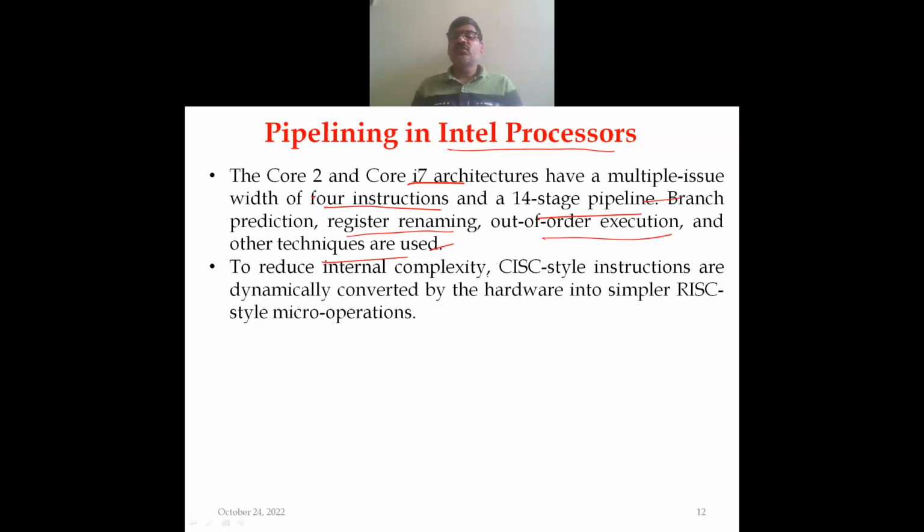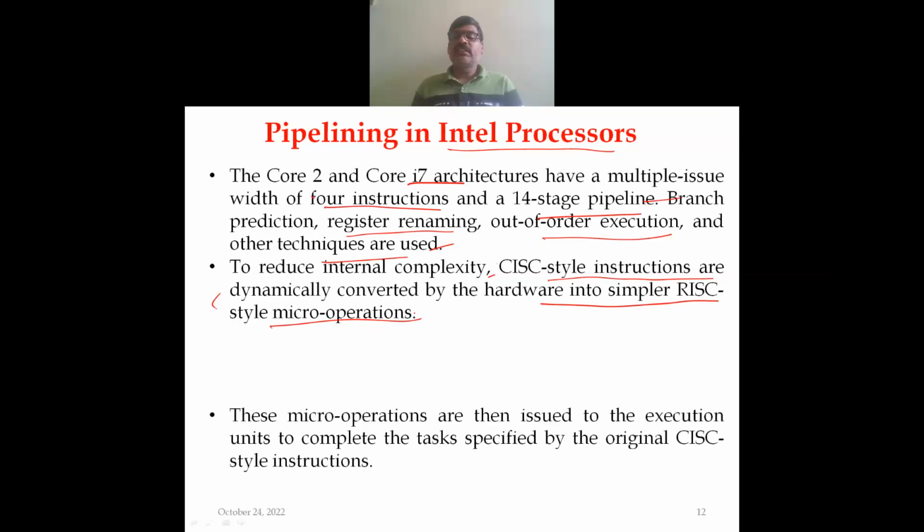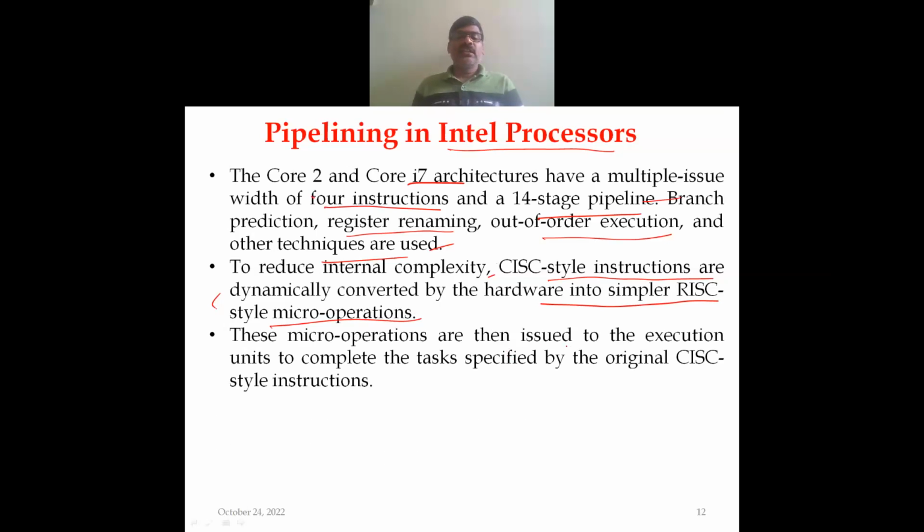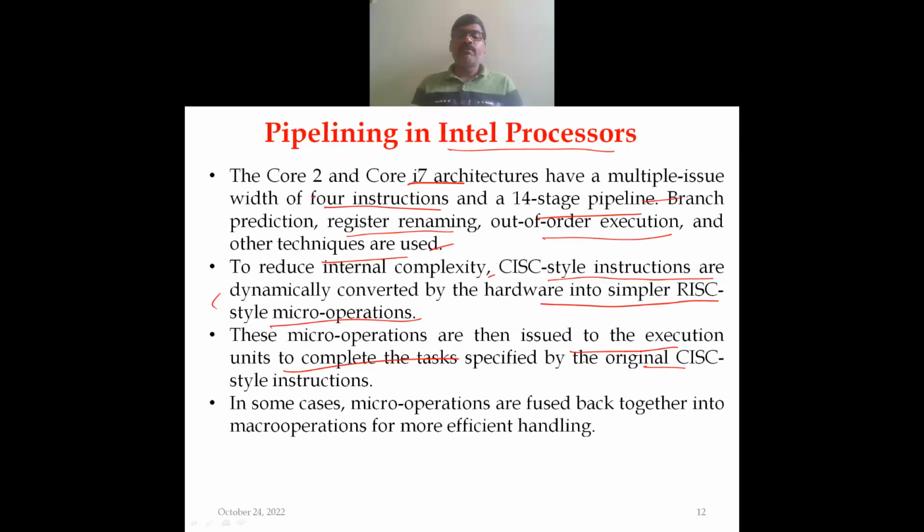To reduce internal complexity, CISC style instructions are dynamically converted by the hardware into simpler RISC style micro operations, and then these micro operations are executed in sequence to complete the task specified by the original CISC style instructions. In some cases, these micro operations are fused back together for more efficient handling.